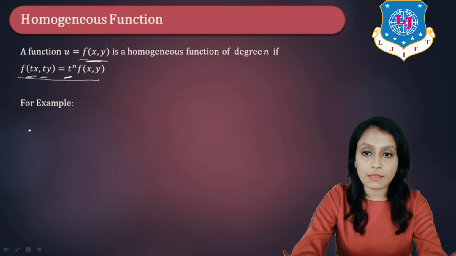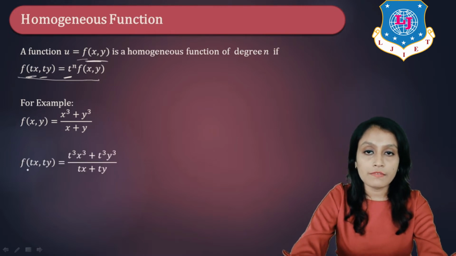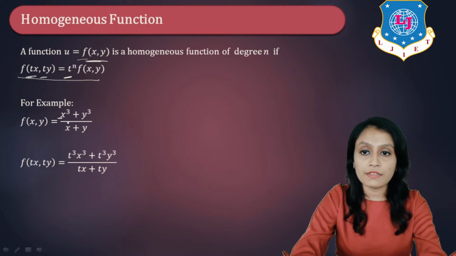So let's see one example, that is f(x, y) is given by (x^3 + y^3)/(x + y). Firstly we will find f(tx, ty). In place of x we will write tx and in place of y, ty. So it will become (t^3 x^3 + t^3 y^3)/(tx + ty). Take t^3 common from the numerator, t common from the denominator.